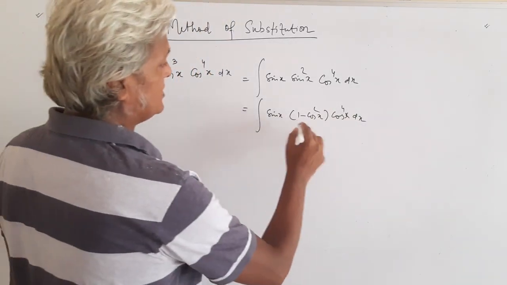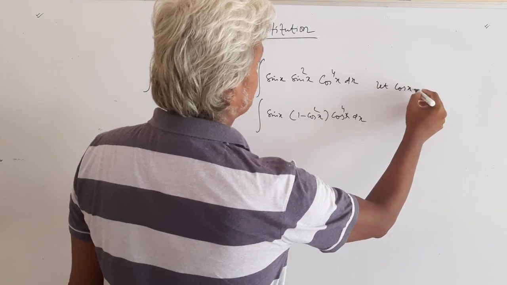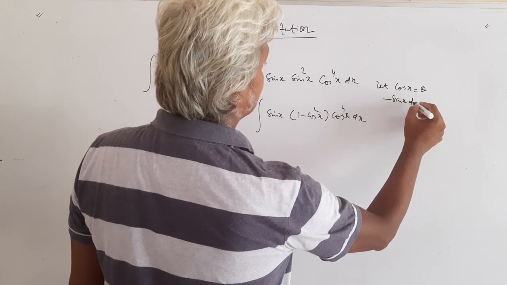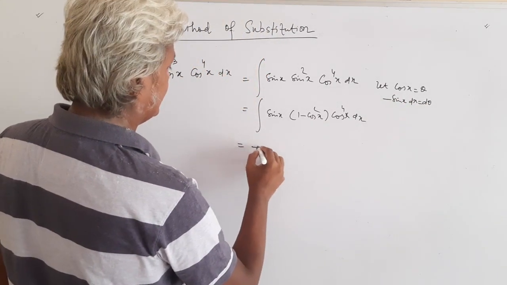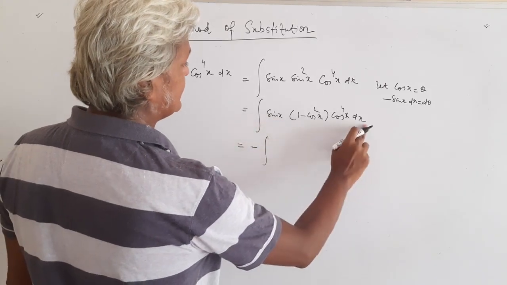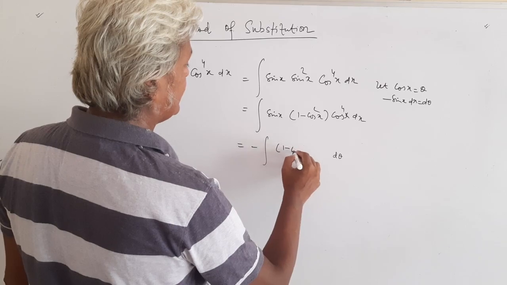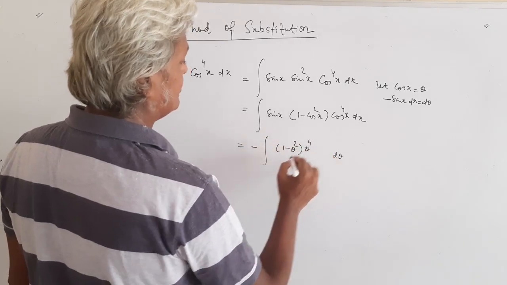Now you just substitute: let cos x be theta, so minus sin x dx is d theta. So you'll get minus this sin x dx becoming d theta, and this is 1 minus theta square and theta to the power 4.